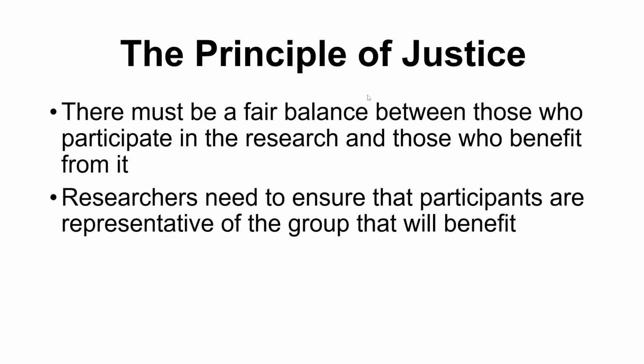And the last principle is that of justice. Here we are looking at making sure that those risks and benefits get equally distributed between all the groups that could potentially benefit. In some of those early unethical practices, for example the Tuskegee syphilis study, the researchers primarily targeted very low income, mainly Black neighborhoods.